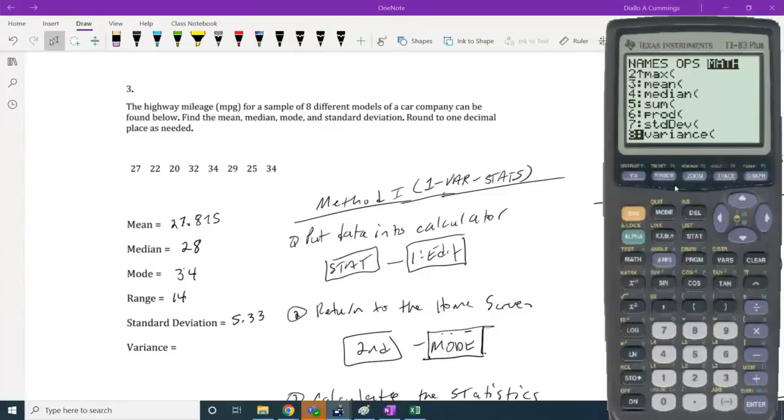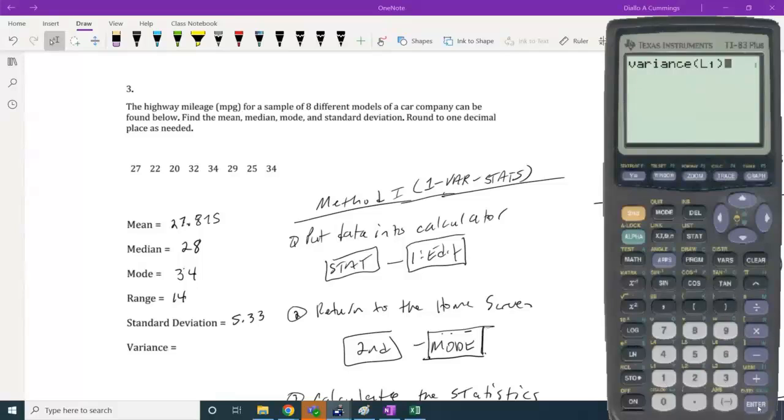So now this is how you use it. I want to find the variance, so I'm going to hit variance. Then you have to tell the calculator which list you want to use. I want to use list 1, so I'm going to hit second and list 1.